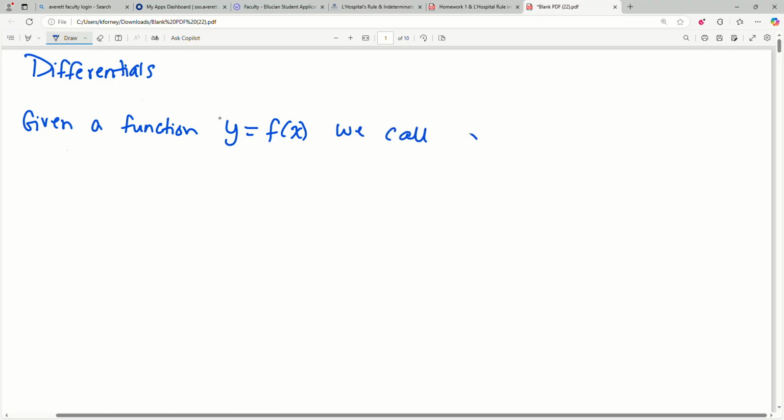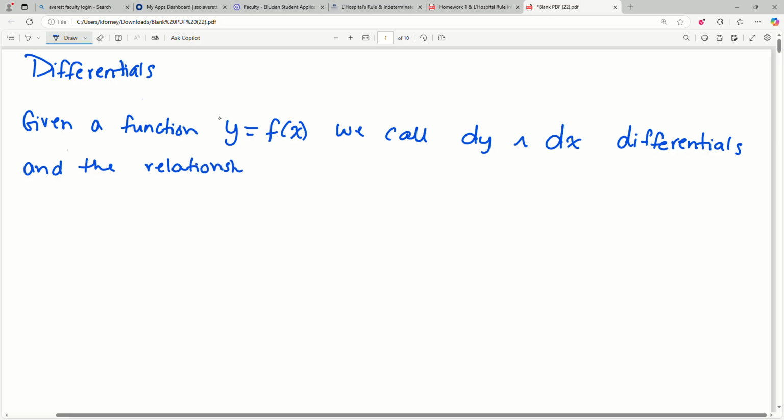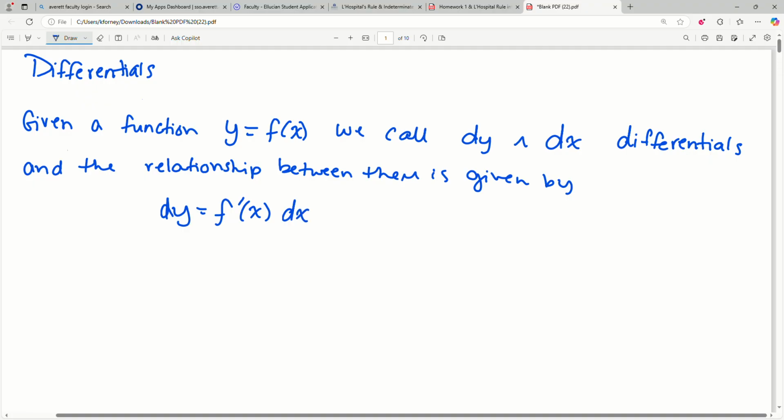We call dy and dx differentials. And the relationship between them is given by dy equals the derivative of f with respect to x, dx.